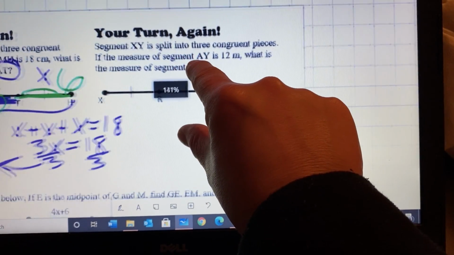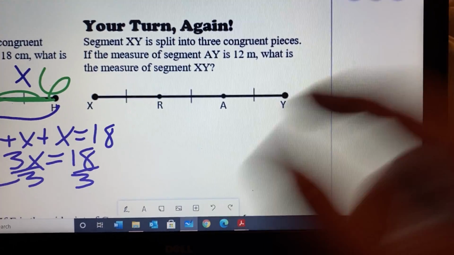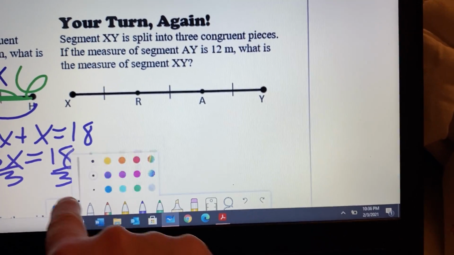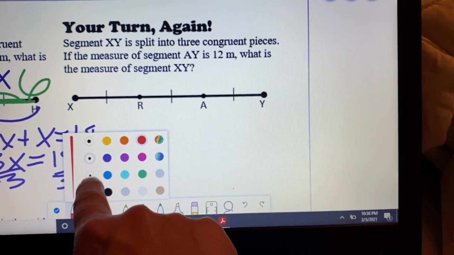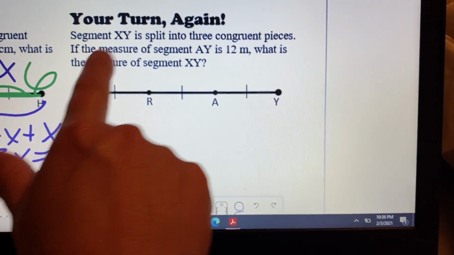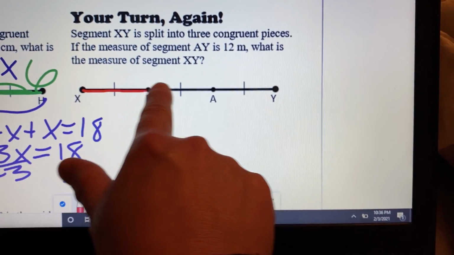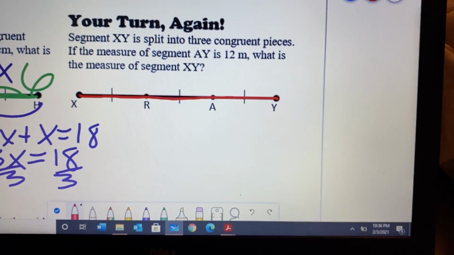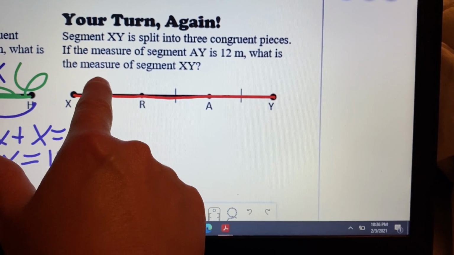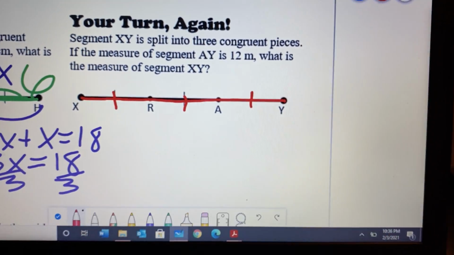All right, let's do this next one. Pretty much the same as the last one, just different numbers. It says segment XY, so this whole thing, is split into 3 congruent pieces. And again, I know that because they each have 1 tick mark.